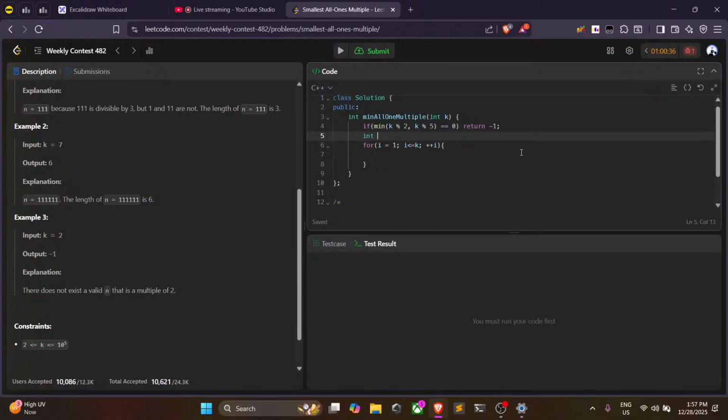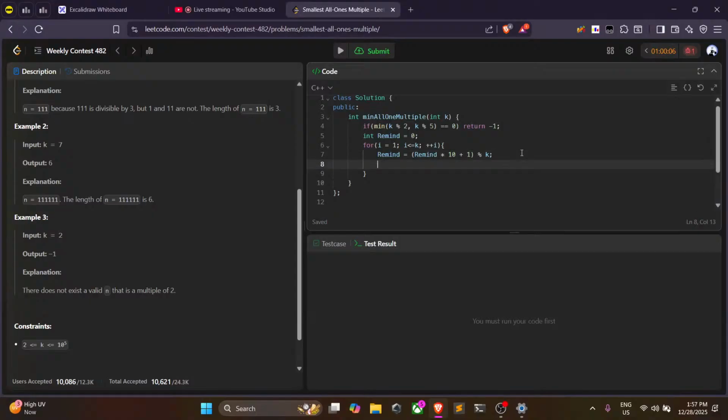I'll be taking the remainder, and every time I'll update my remainder as remainder times 10 plus 1, modulo k. This is 11, and this is current modulo.